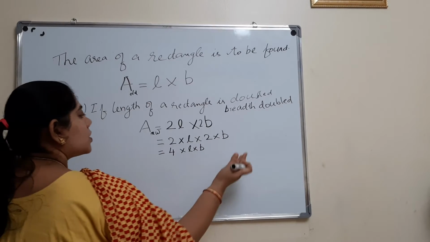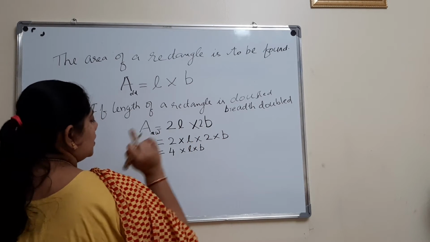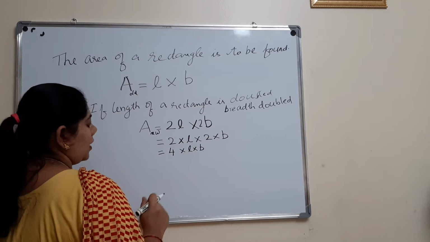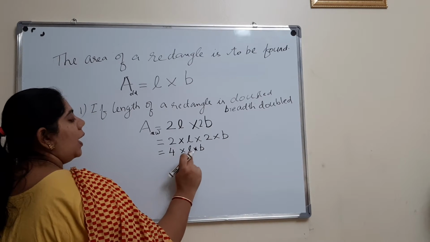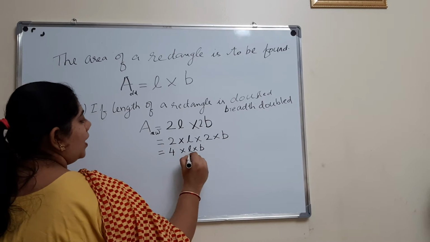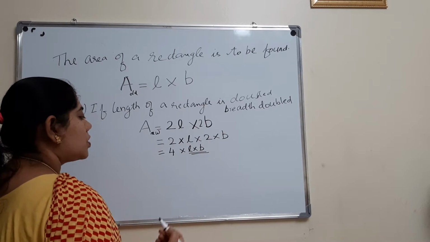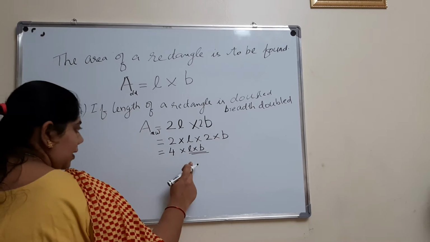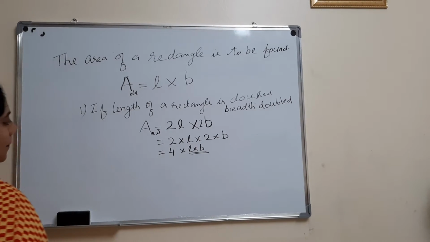So in the multiplication, if you take this here also, it will not affect the answer. So we can write like that. So 4 into L into B. L into B is what? Is the area of a rectangle with length L and breadth B.